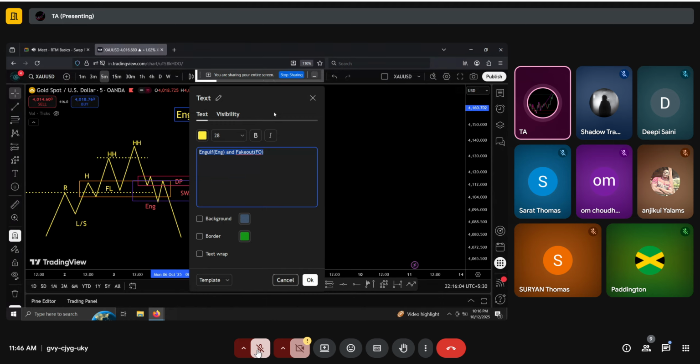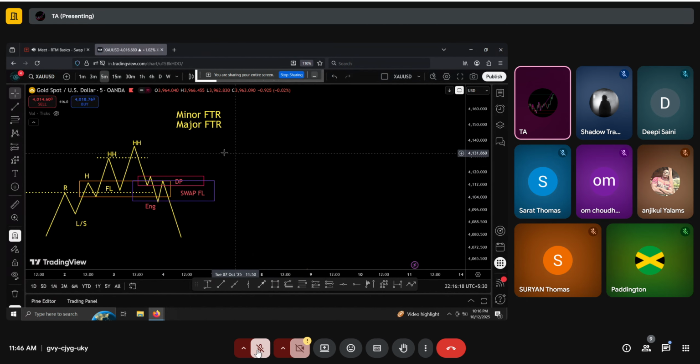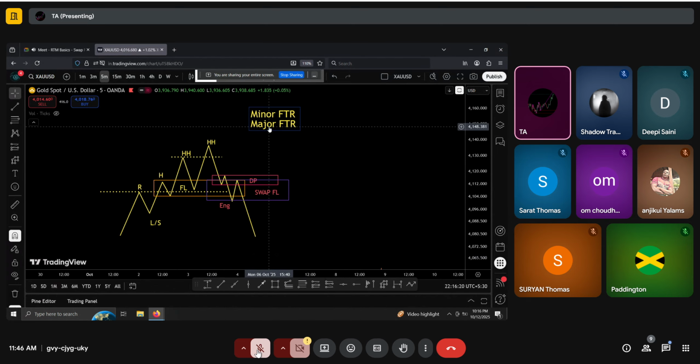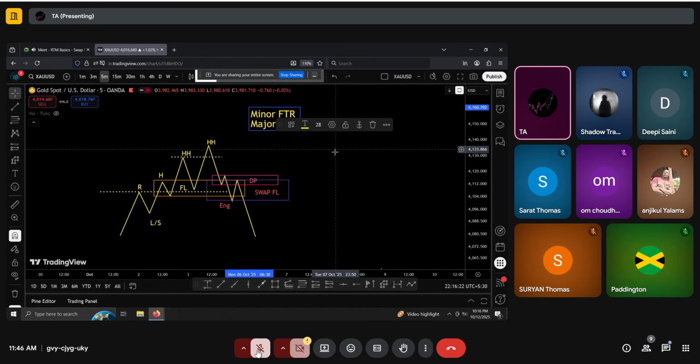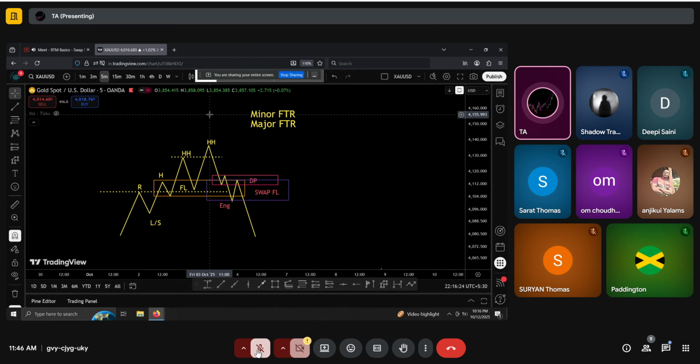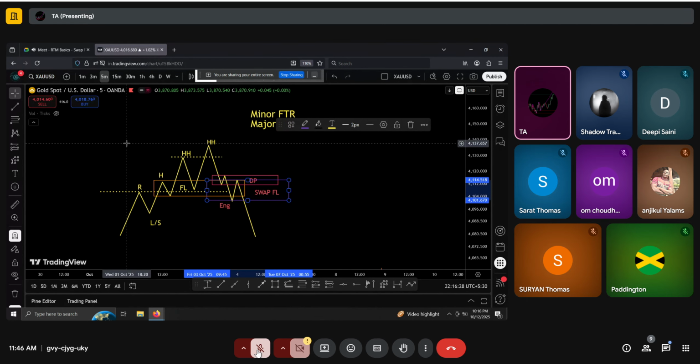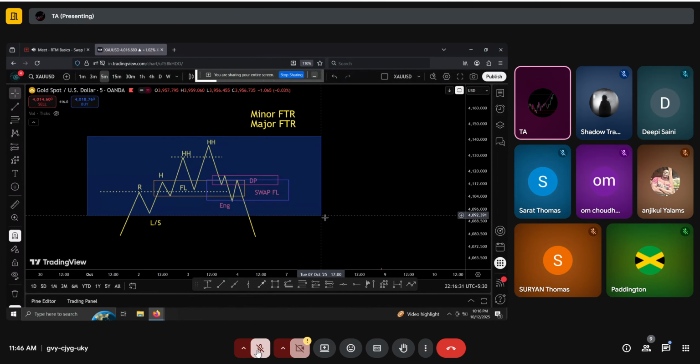Type here minor FTR, major FTR. So FTR are of two types. Just delete this, completely delete this.